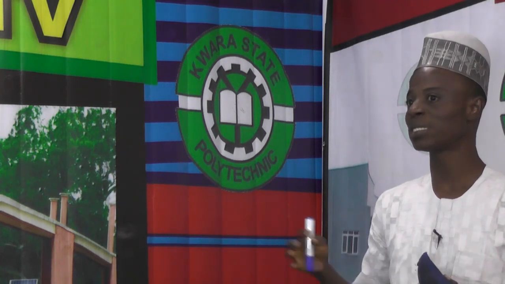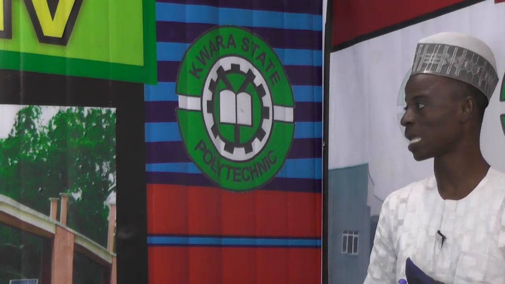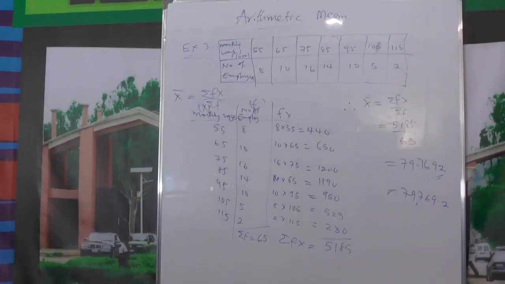So that is when we are talking about the arithmetic mean for grouped data. But if you look at this, the monthly wages has been given directly. The number of employees has been given directly. So there are some cases where we need to compute our x.